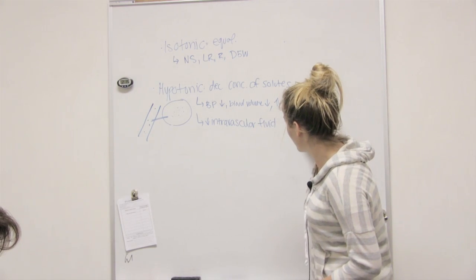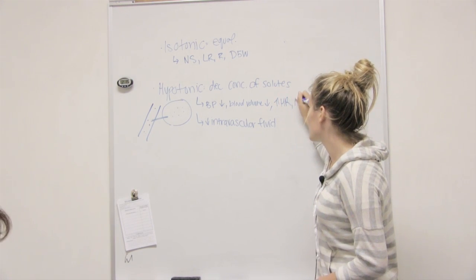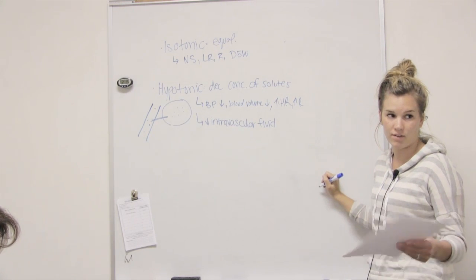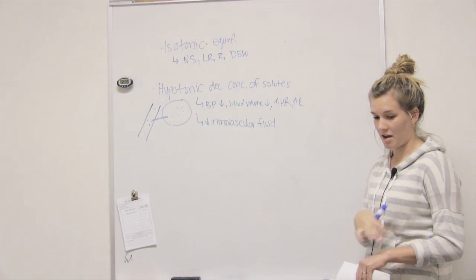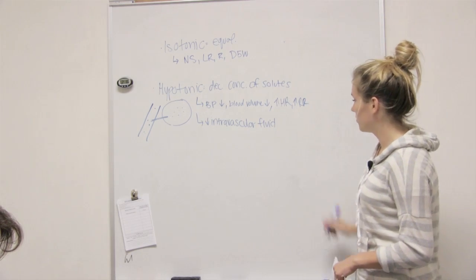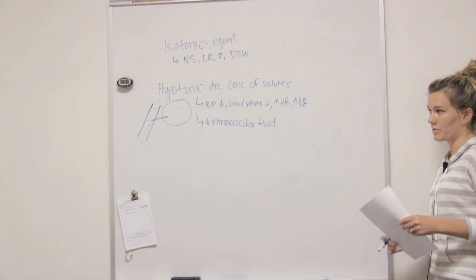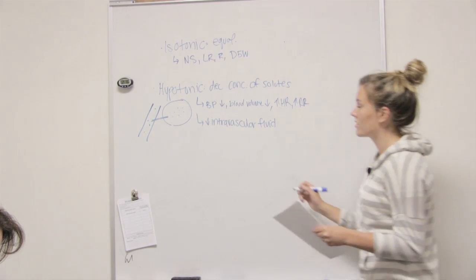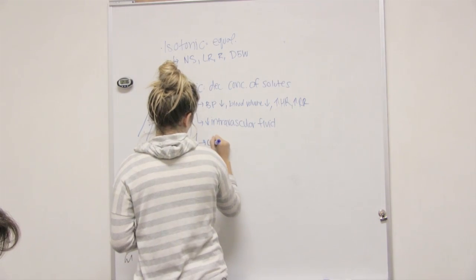Increase, yep. Heart rate and also your respirations. Kind of like when we talked about dehydration, if you don't have a lot of fluid, your heart's working really hard to perfuse all those tissues, so your heart rate is going to be increased, and that in turn also increases your respirations. So this causes cells to swell.